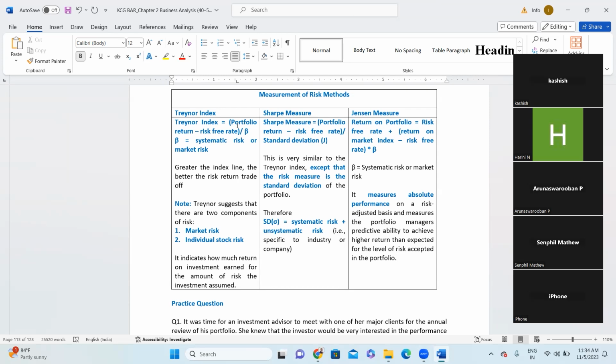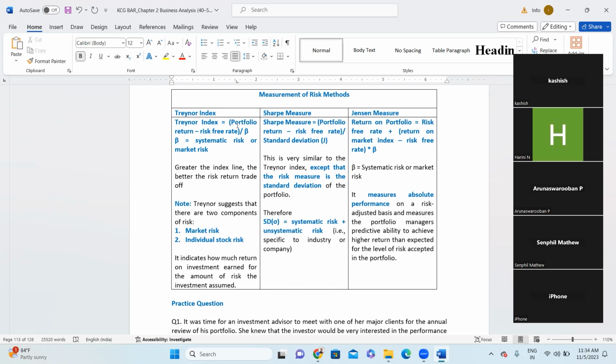This is very similar to the Treynor index, except the risk measure is the standard deviation of the portfolio, not the beta. Standard deviation is equal to systematic risk plus unsystematic risk. So it covers both systematic risk as well as unsystematic risk that is specific to the industry or the company, right? Clear so far?